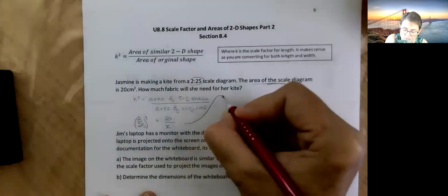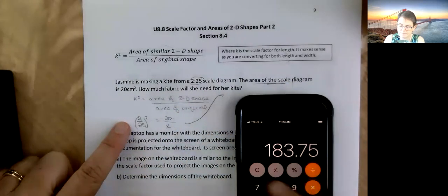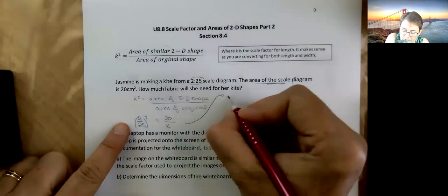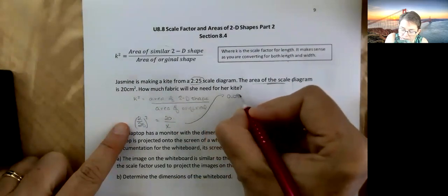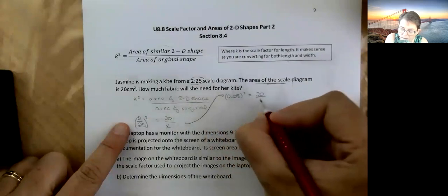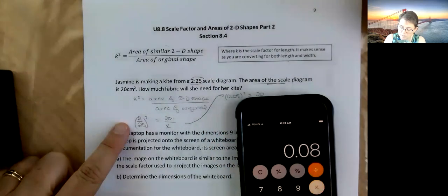Sorry, I should have left myself way more room. So if we're going to square this, it's going to be like 4 over 100, but we can go 2 divided by 25. So 0.08 squared is equal to 20 over x and times 0.08.